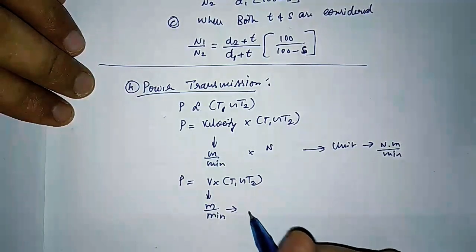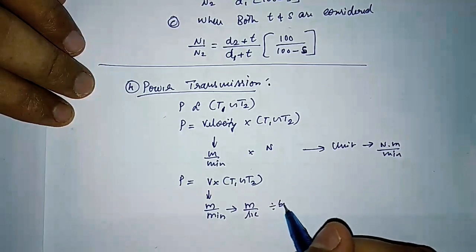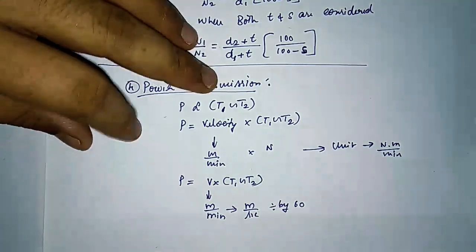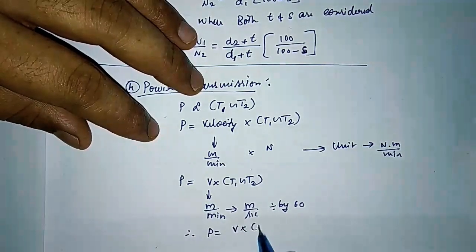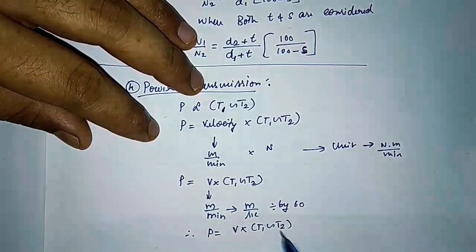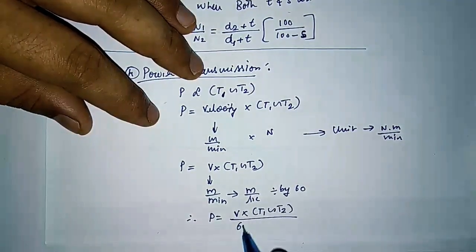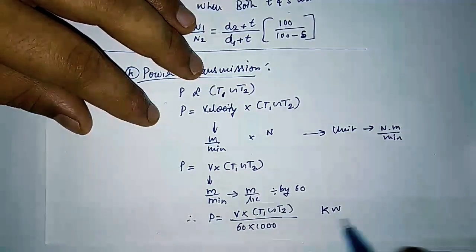Meter per minute is converted into meter per second by dividing the equation by 60. Therefore, the final equation can be written as P is equal to V into T1 minus T2 divided by 60 into 1000. 1000 is divided in order to write the final answer in kilowatt.